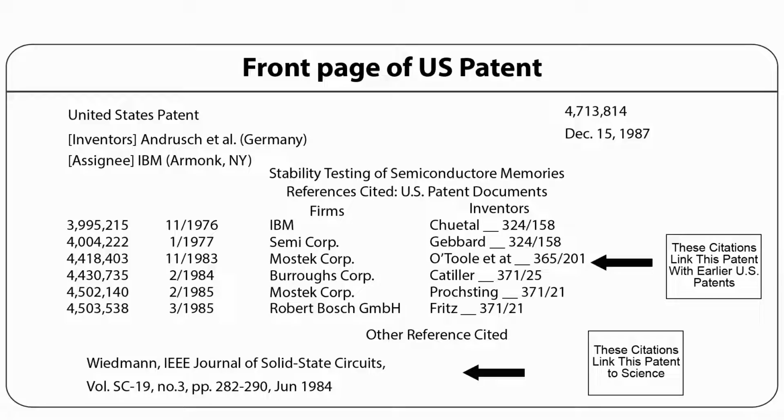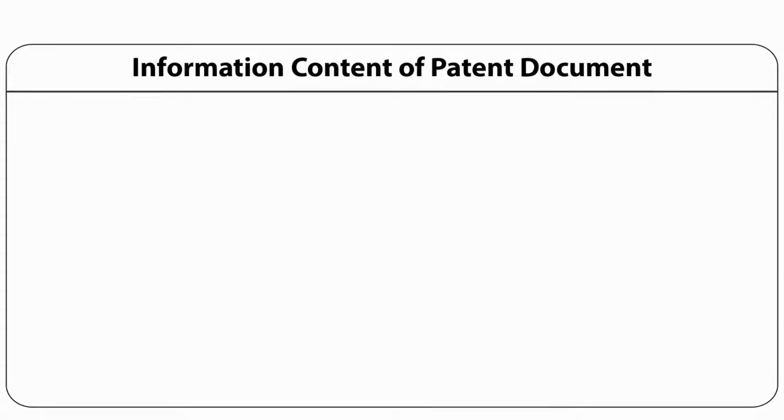You see that you can find the bibliographic data, the patent number, the date on which this patent was filed, and the title of this patent, and you can see the patents or the research papers which this patent has referred to, and it also gives you references of those which have cited this patent. See that a patent document contains a large amount of information.